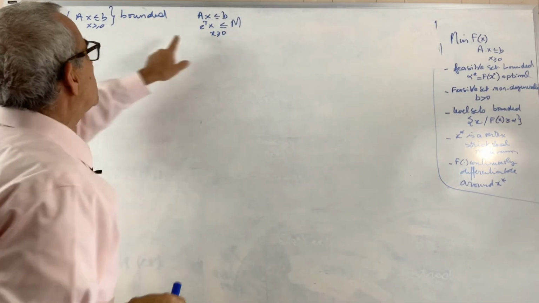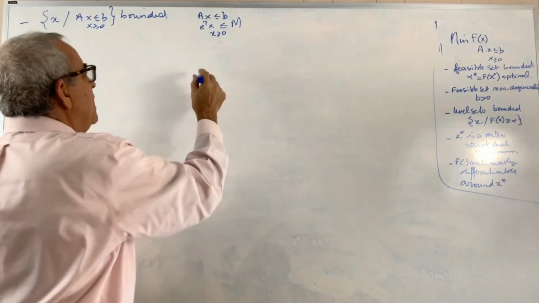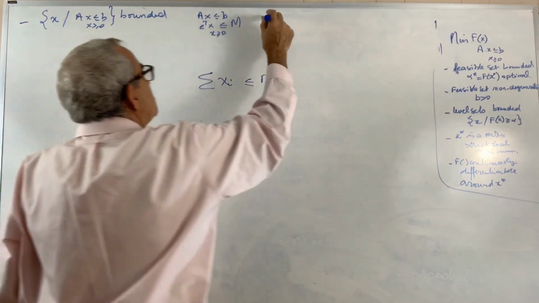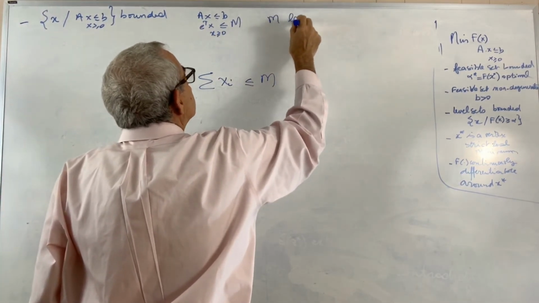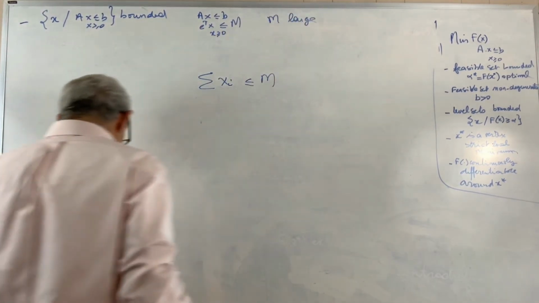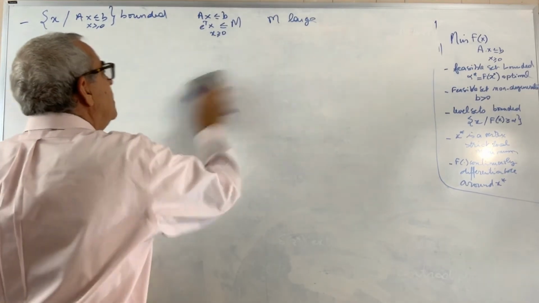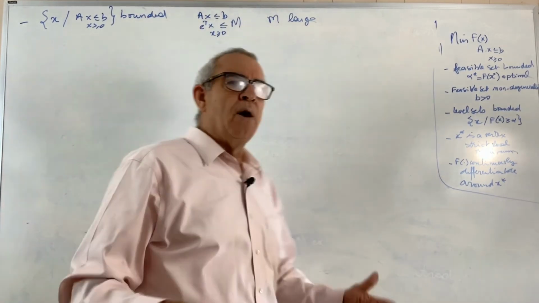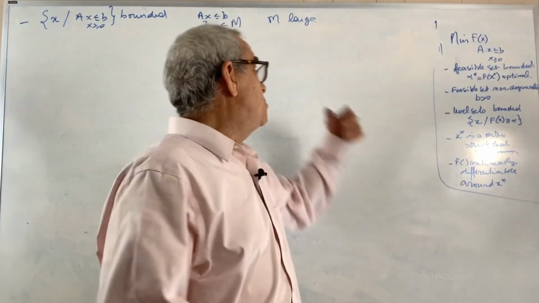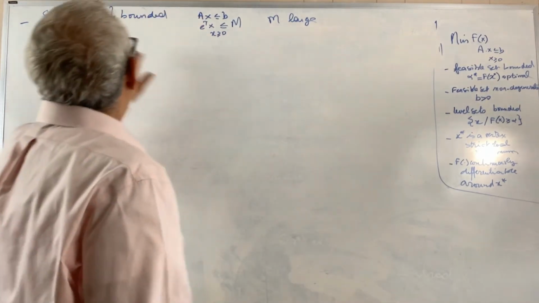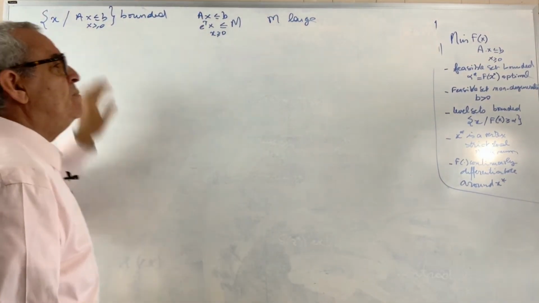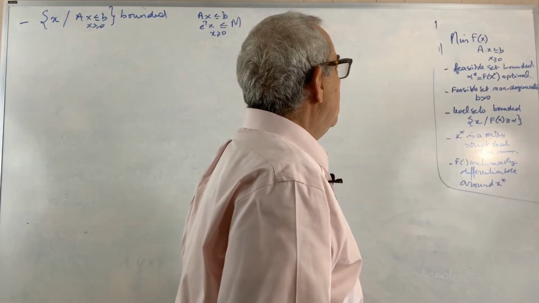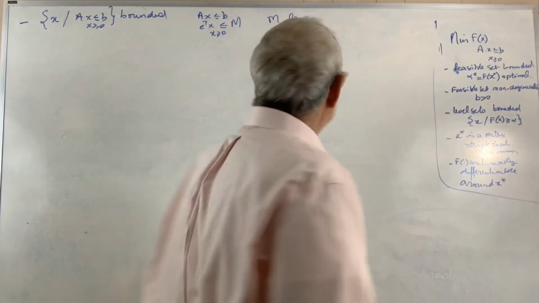So we add another constraint that the sum of the x's is less or equal to M, where M is a large number, large enough to include the optimal answer. So we set it to a very large number, and this will make this set bounded. Okay, so that's this set. Now, let's go to the level sets.